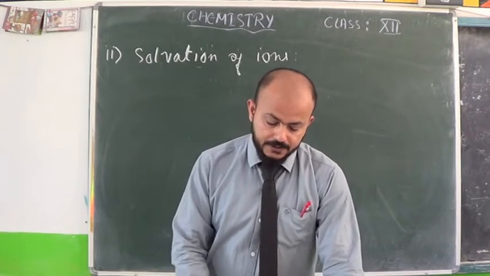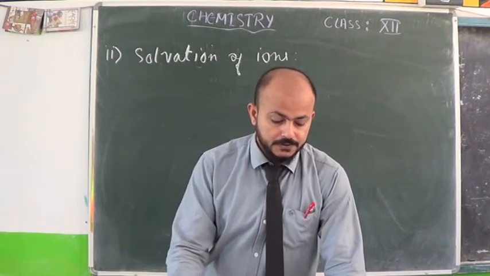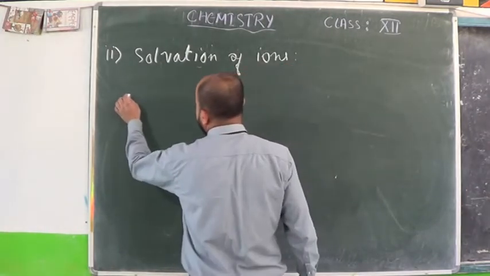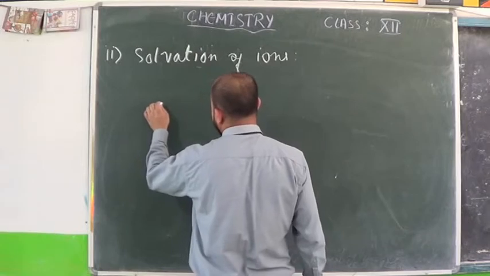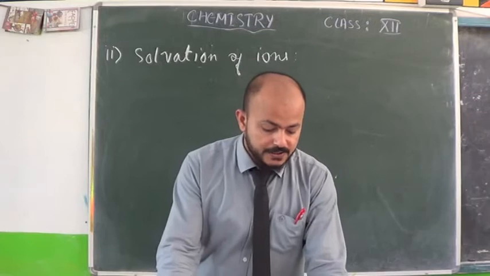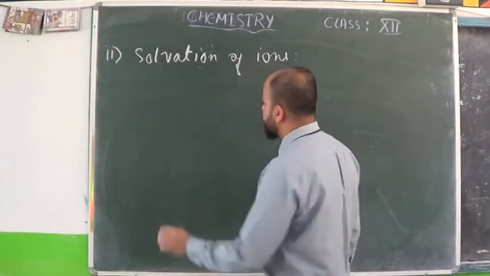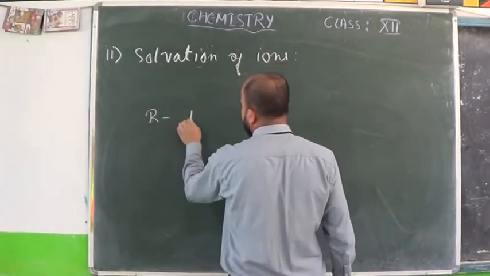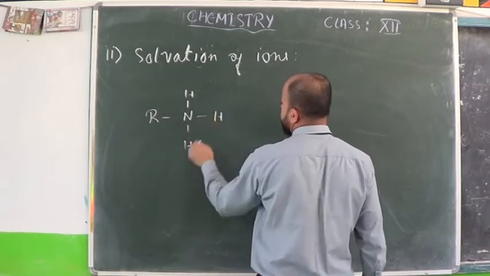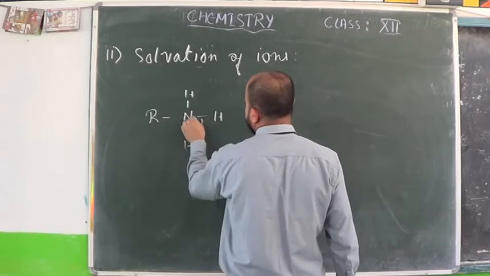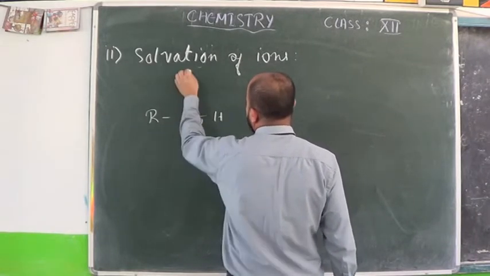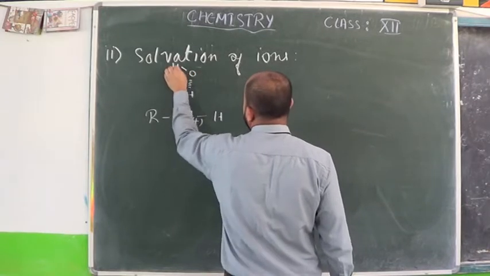Okay? Now, say, whenever you have a protonated amine, then in such cases energy will be released, and let me show you hydrogen bonding. Hydrogen is present, and hydrogen is present. This is positive, and here, now this hydrogen of the amine will be bonded with the oxygen of the water molecule.